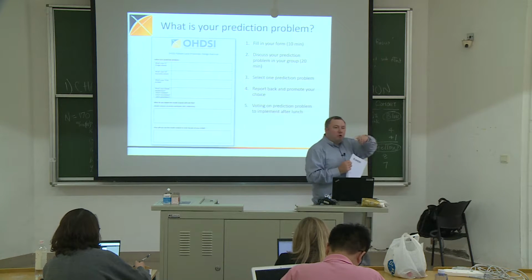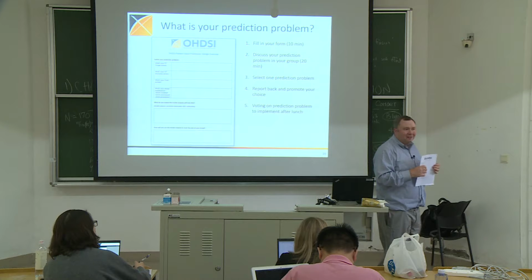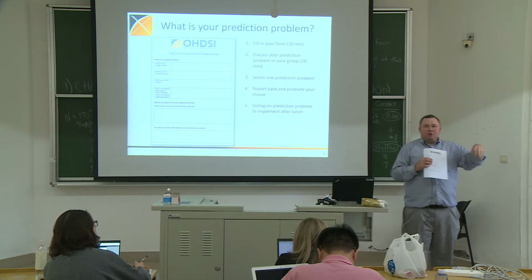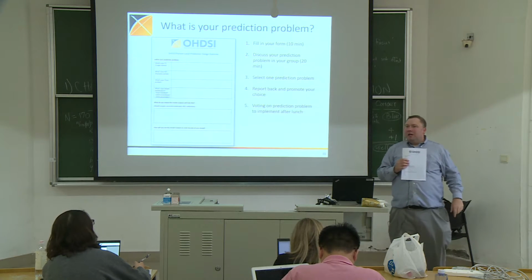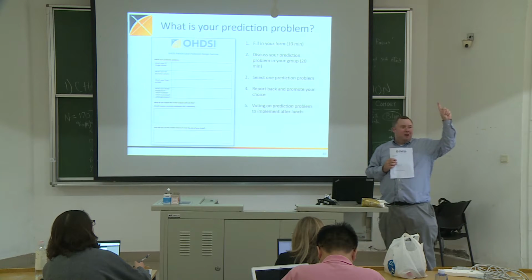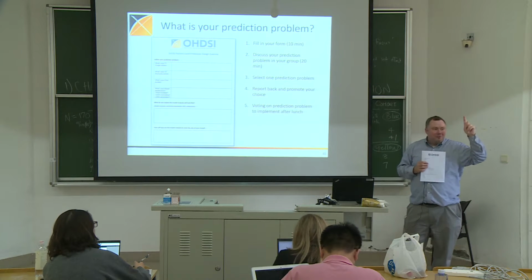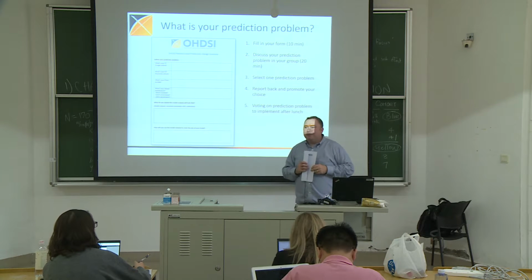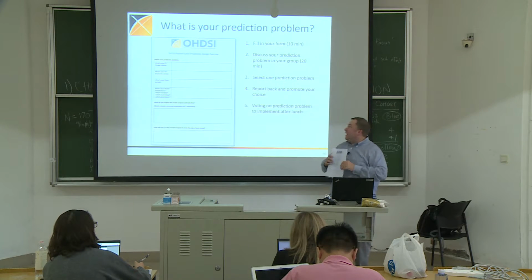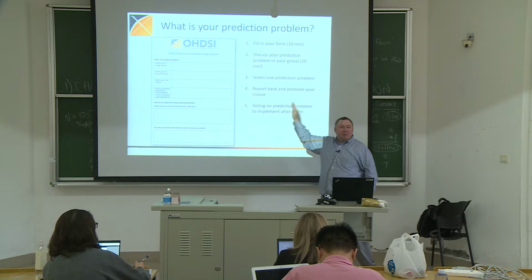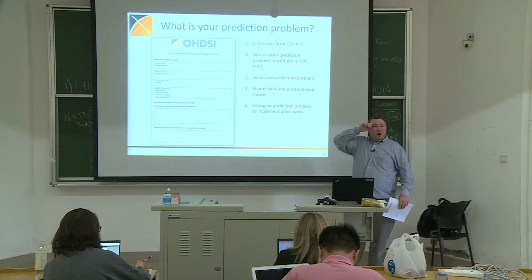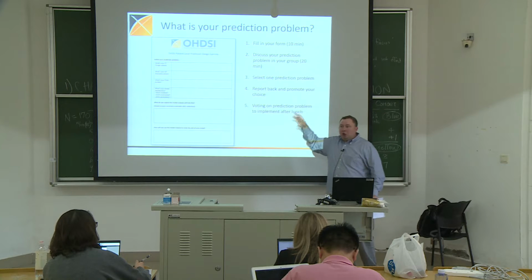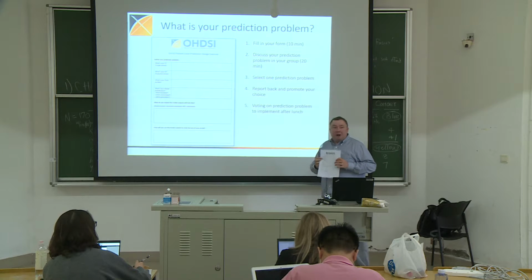For each group of 4 or 5 people, you're going to nominate one prediction problem that you think is the best out of your group. We are then going to capture all of those problems on the whiteboard from each of the groups and look at what those prediction problems are.